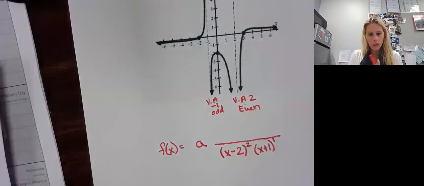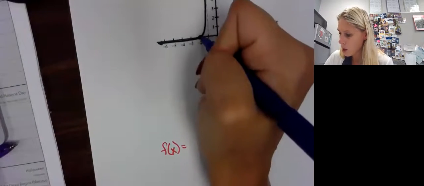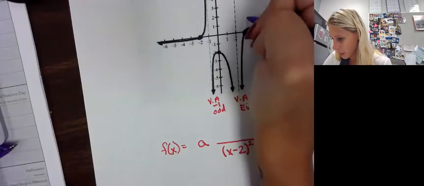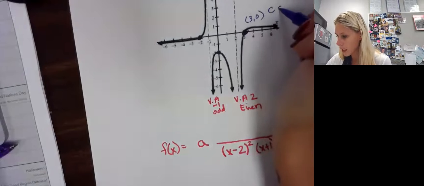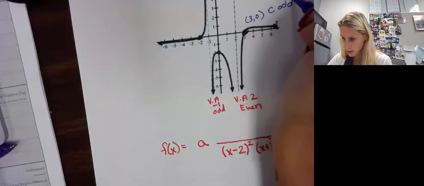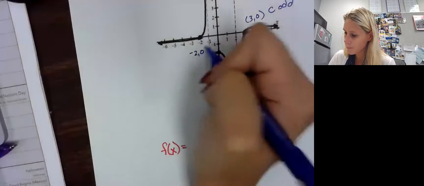Okay, I'm going to change colors on you so you can see where I get this from. In the numerator, that is about our x-intercepts. So I have an x-intercept at 3. And as you can see, it crosses, so it's odd. And then I have one at -2.